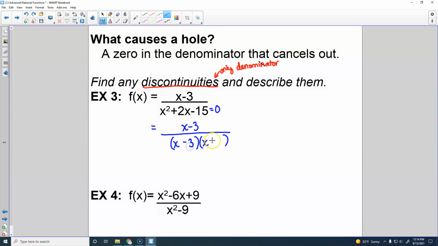Minus 3 plus 5. That'll give me the positive 2 in the middle, give me negative 15 if I multiply them together. That looks great. So now you will see that I've got an x minus 3 in the top and an x minus 3 in the bottom. And I can cancel those out.